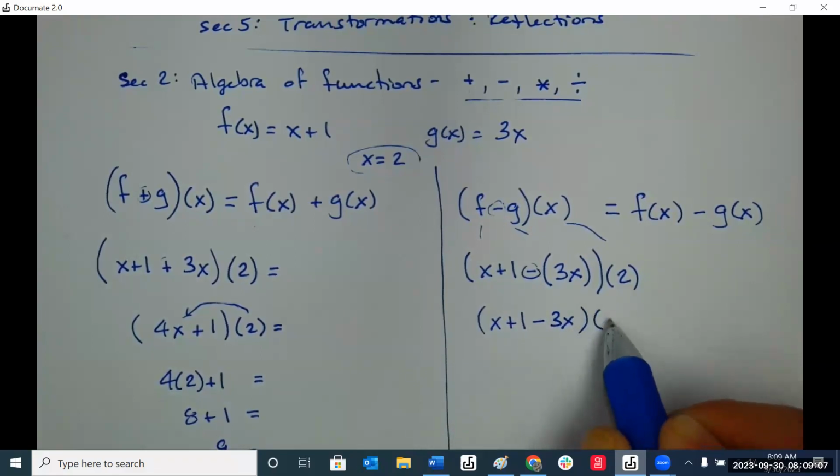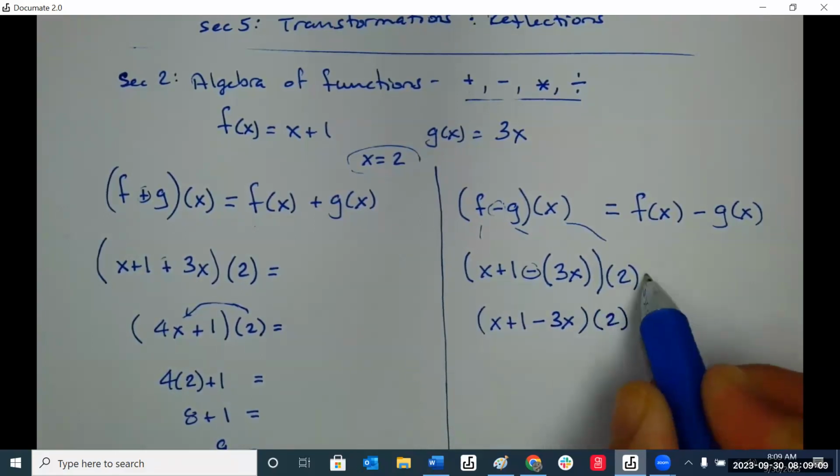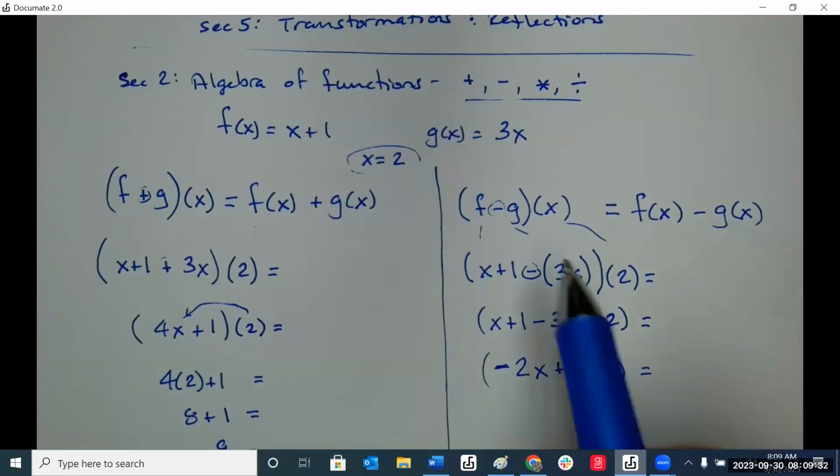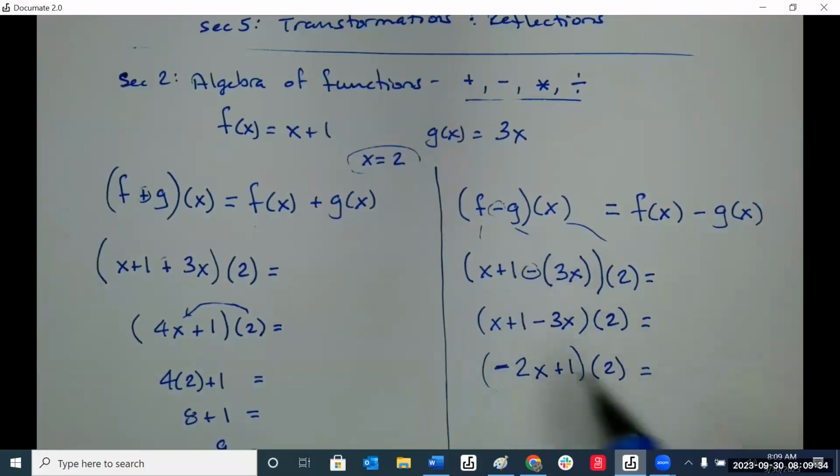So it becomes a negative 3x. Combine like terms. x minus 3x, since 3 is bigger, the answer is negative. 3 minus 1 is 2x. Remember, these are still function notations.